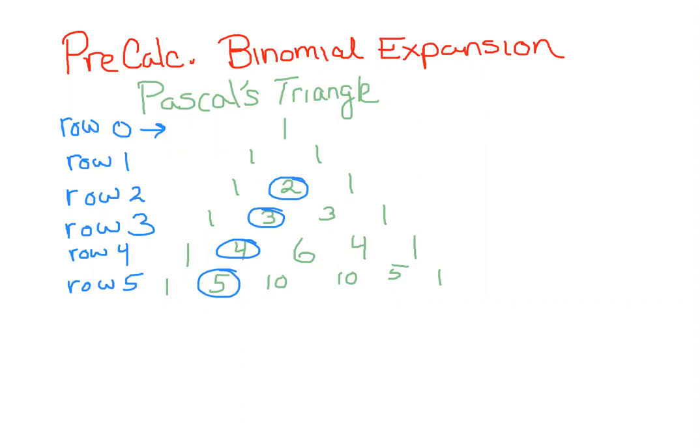So what do you notice about the coefficients? Well, first of all, they're symmetrical, and they form the nth row of Pascal's triangle. So if you look at a plus b squared equals a squared plus 2ab plus b squared, the coefficients are 1, 2, 1.